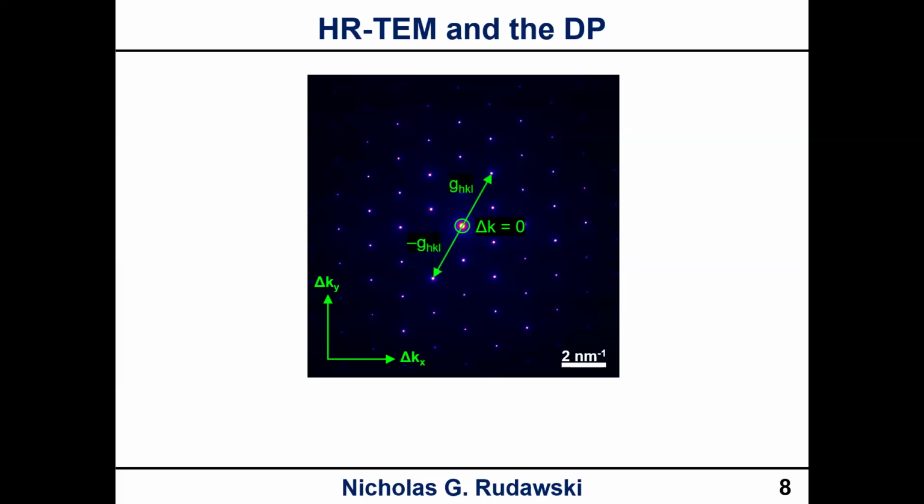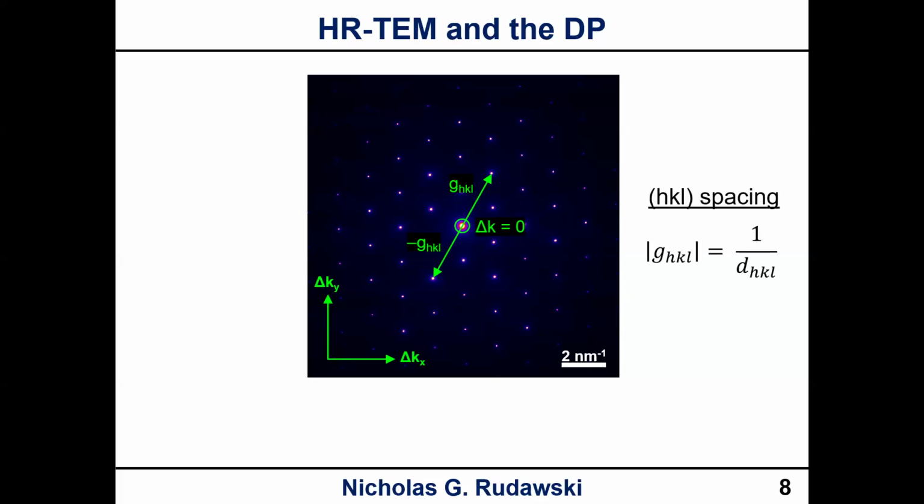So we can draw a vector from the direct spot to any of the Bragg spots inside of the diffraction pattern, okay? In this case, we're drawing a G vector pair. So we're drawing G HKL and its opposite, minus G HKL, okay?